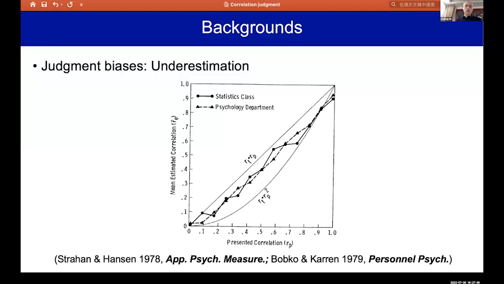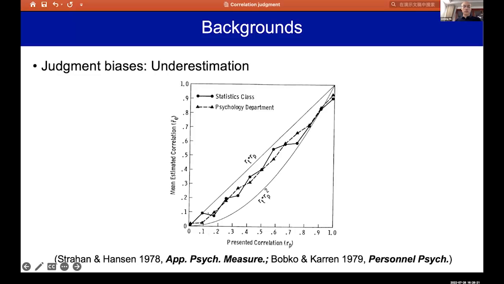That means, when we read bivariate correlations between two variables from those plots, we constantly underestimate the correlation from the data points displayed on the graph.